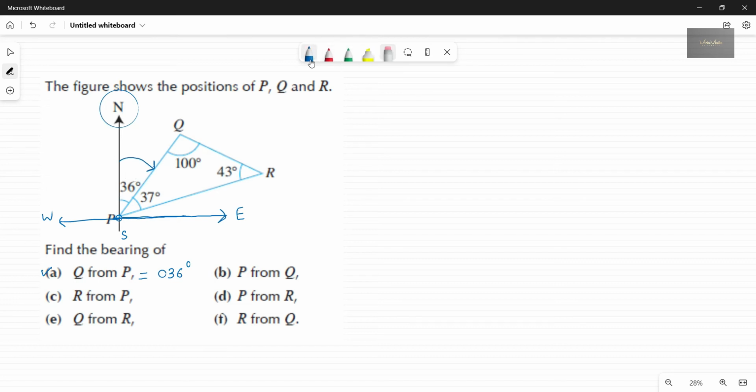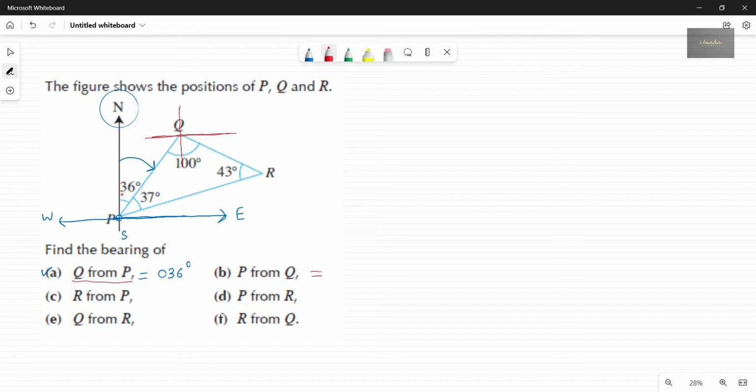Okay, so reverse bearing is always a little bit tricky. You have to make the bearing axis at Q, because this time Q is the origin and P is the destination, which is totally opposite to the previous part, right? So how can we find it?